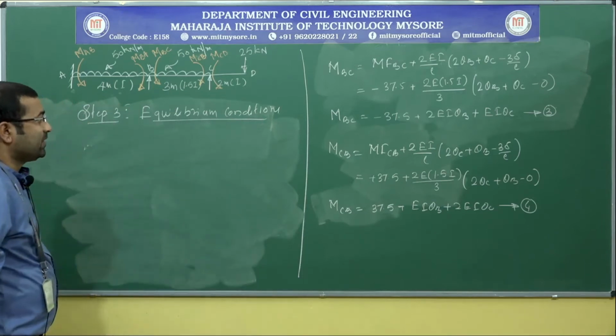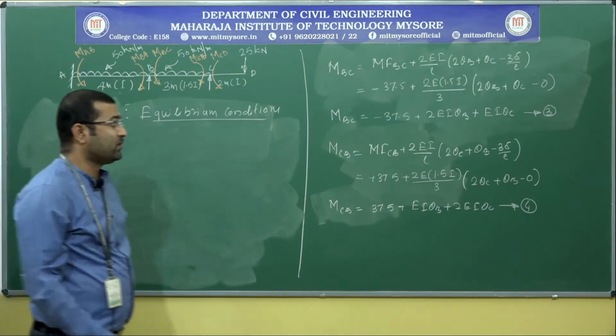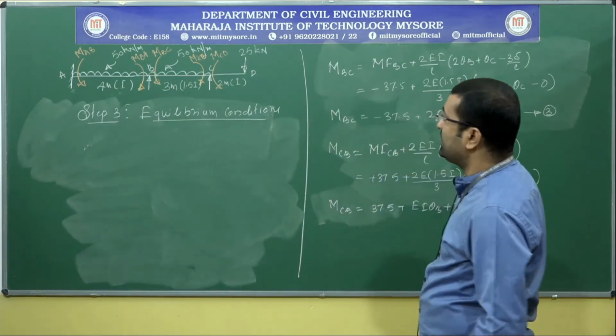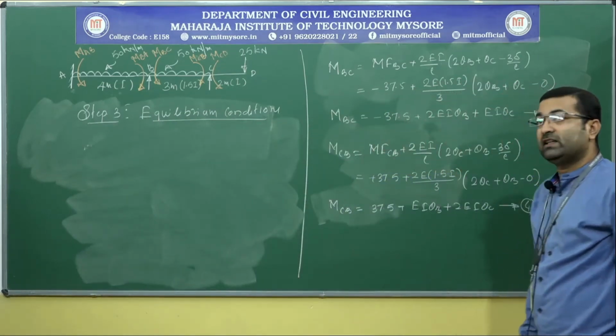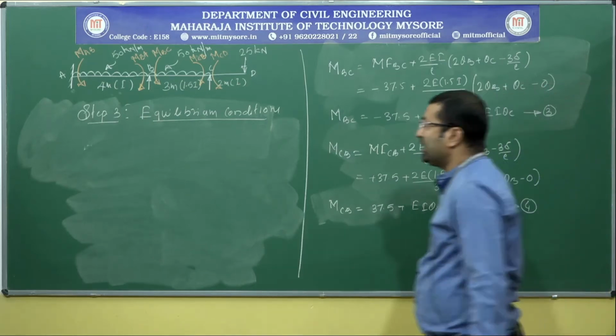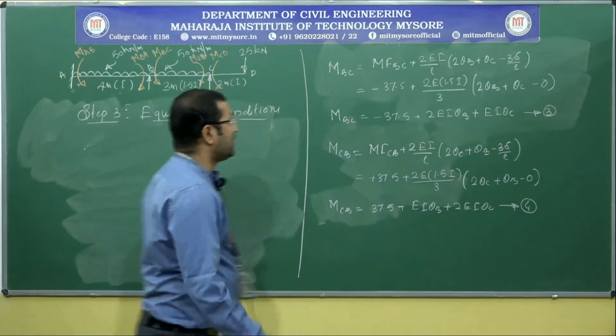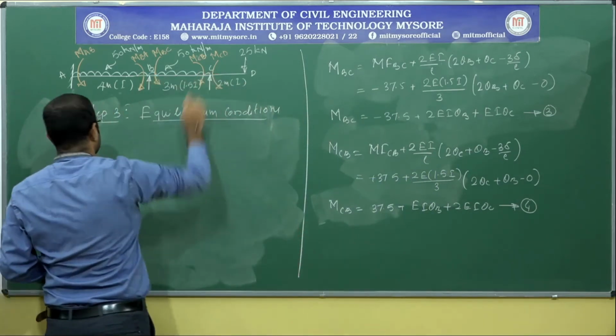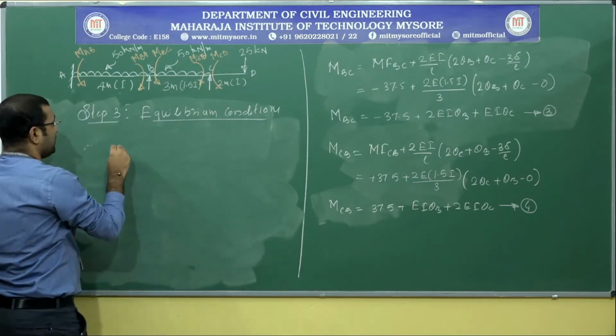So from equation number 1 to equation number 4, the unknown values which we need to determine are EI theta B and EI theta C. So theta B and theta C are the unknowns, so we need to write the equilibrium conditions from joint B and from joint C. Okay.